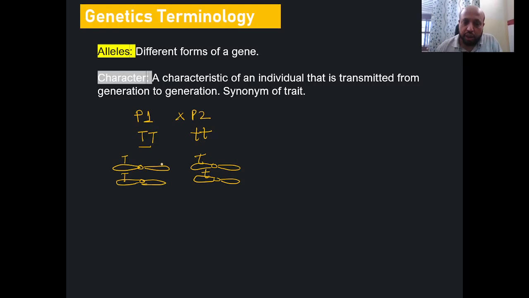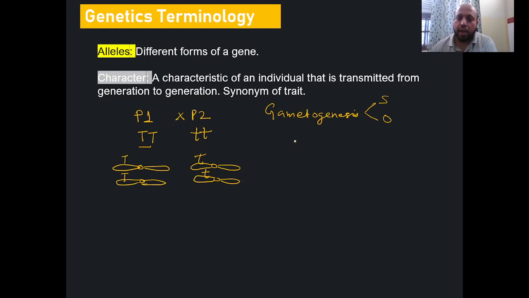Now during the process of gametogenesis, which depending upon the sex will be called spermatogenesis or oogenesis, the total number of chromosomes becomes half.